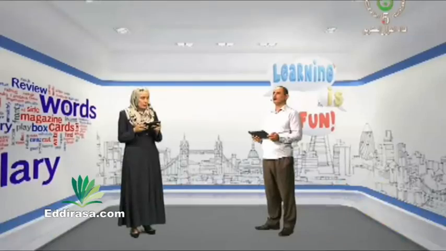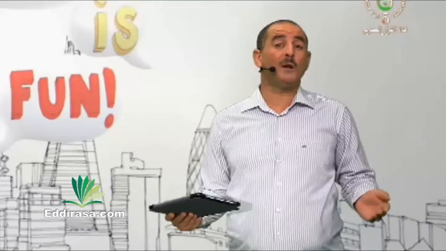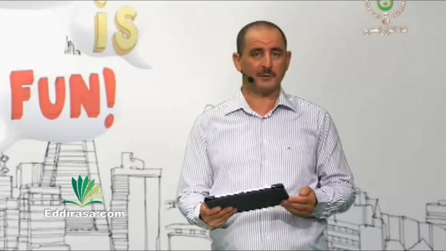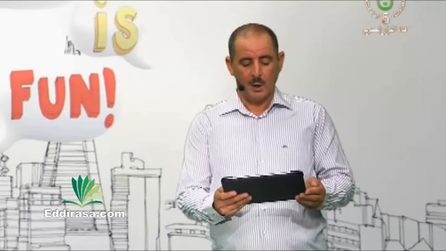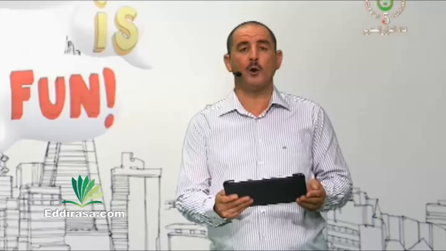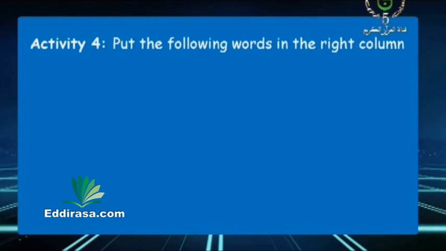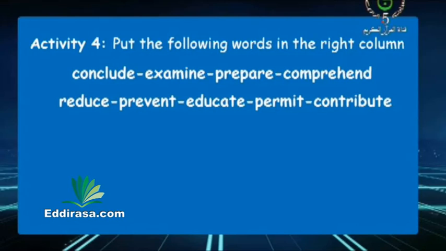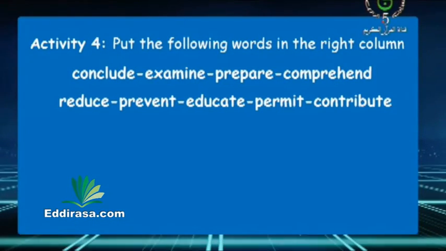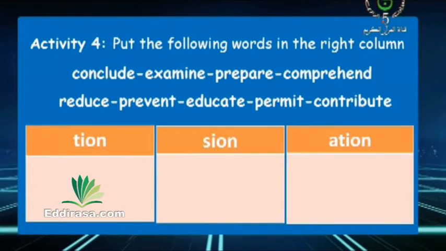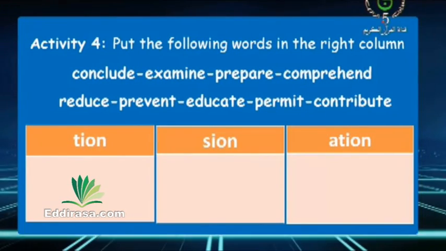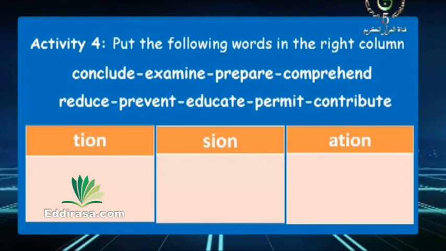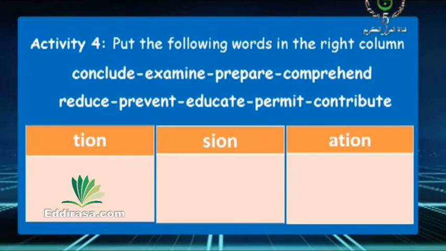A-T-I-O-N. Okay, so as we always say that practice makes perfect, it is time for you now to do the following activity, where you have to put the following words in the right column, after adding, of course, the suffix I-O-N. So the words are conclude, examine, prepare, comprehend, reduce, prevent, educate, permit, and finally contribute.